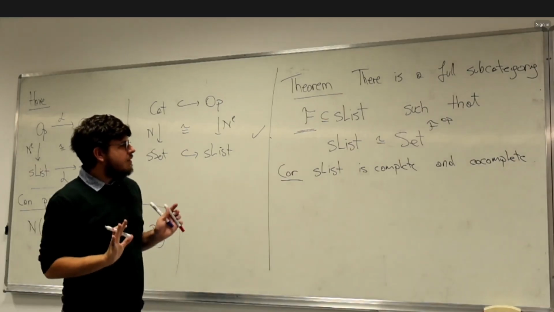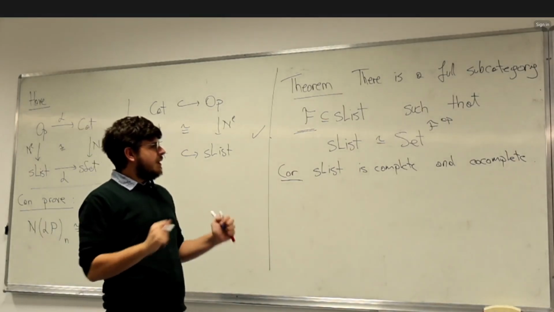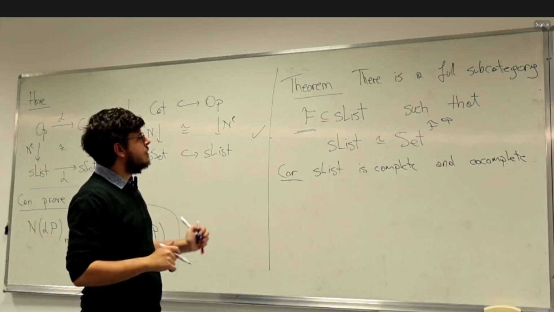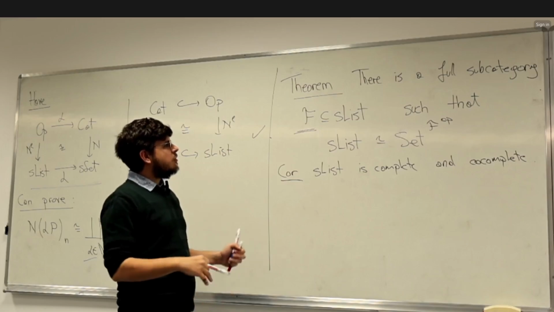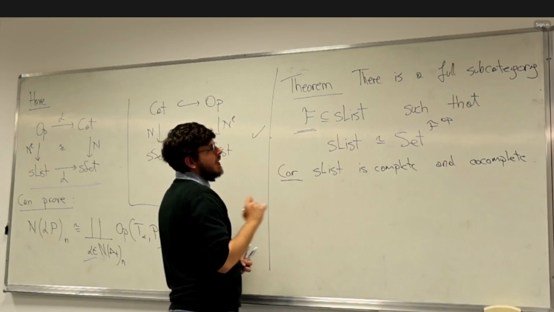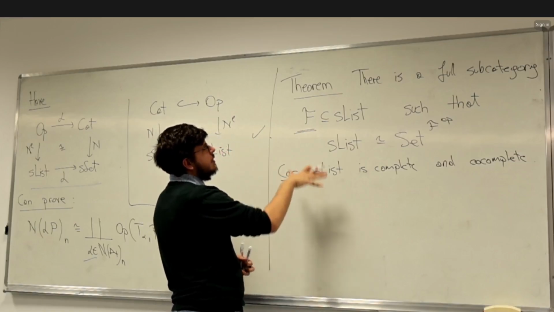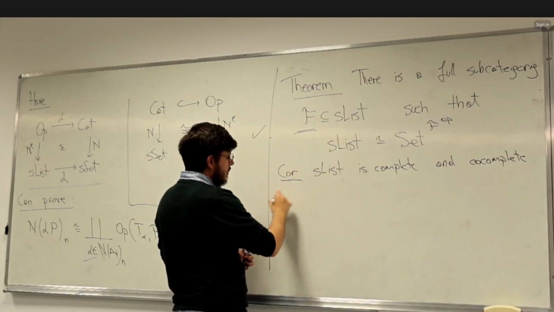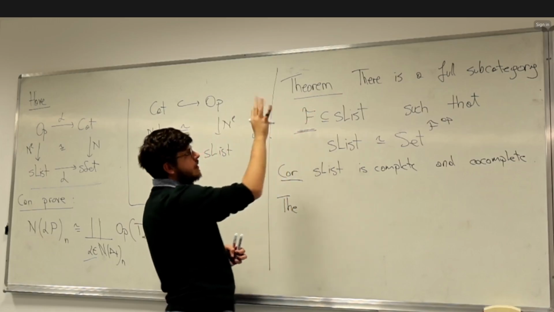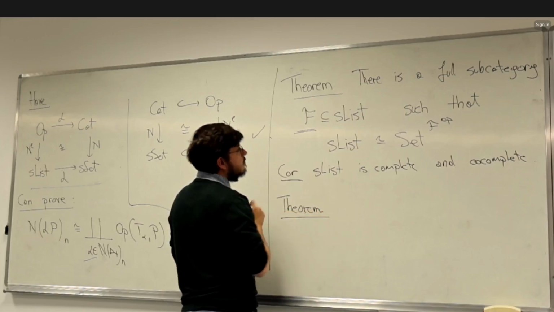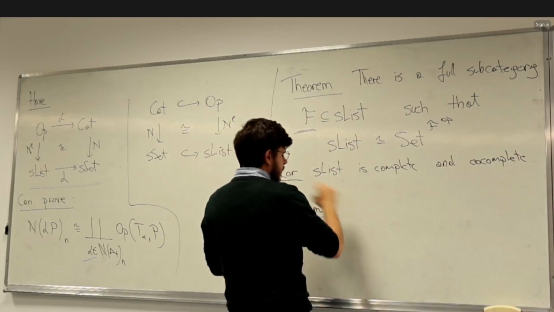I'm just going to leave it here because there is nothing I can do in this limited amount of time to explain how this is true. It is a consequence of this, but not quite. So this is main theorem number 2.